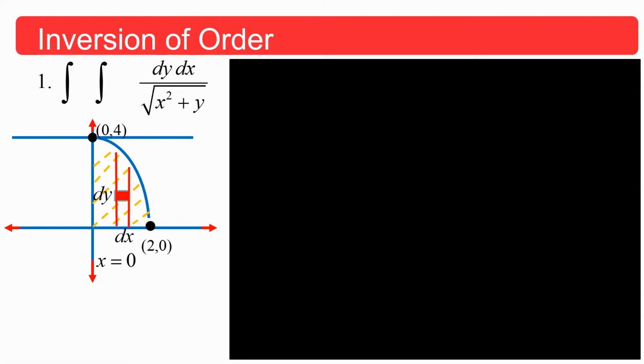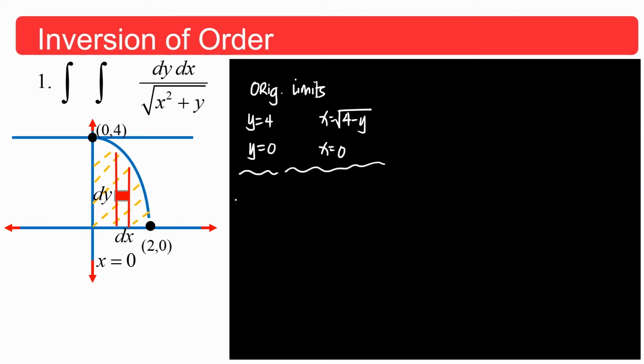So here, let's rewrite the original limits. The original limits were x equals 0 to x is equal to square root of 4 minus y, y equals 0, y equals 4. So we know this. What we have to do is we change the limits.